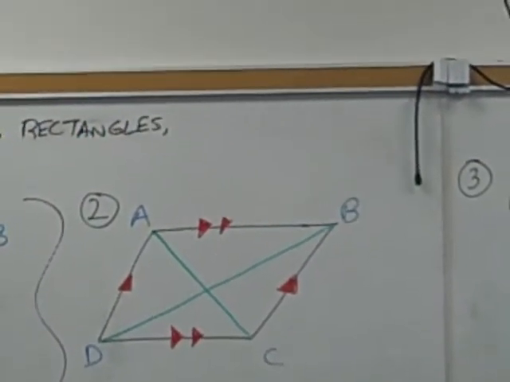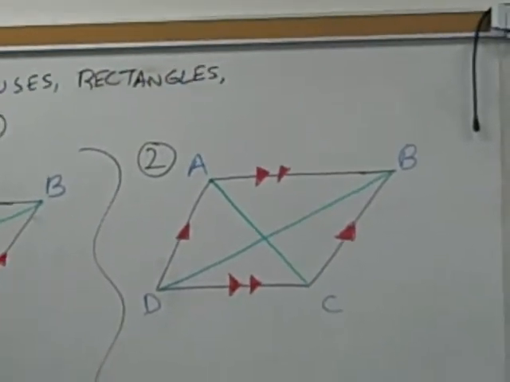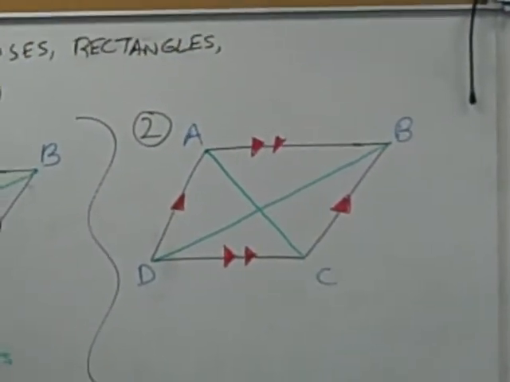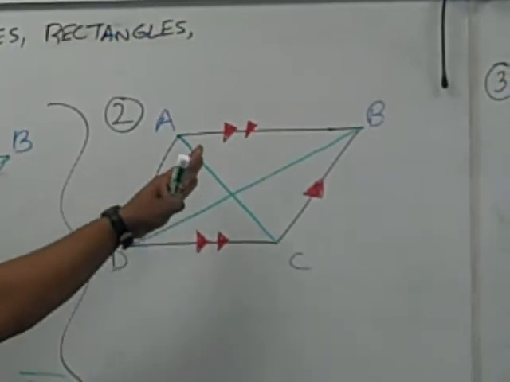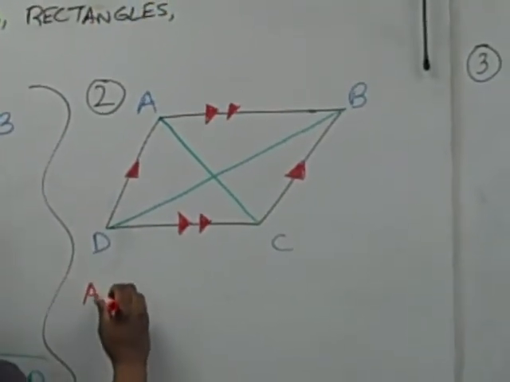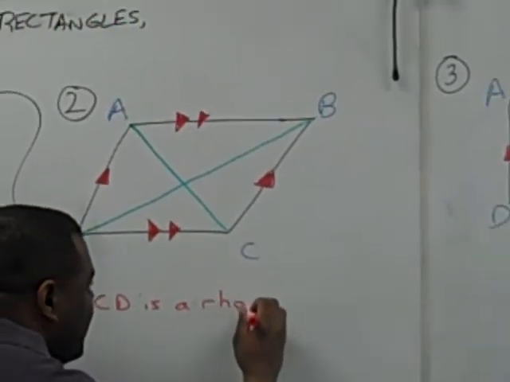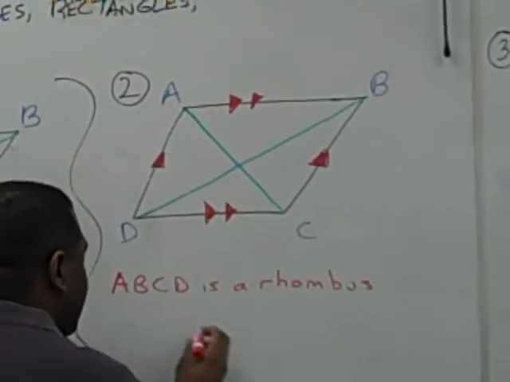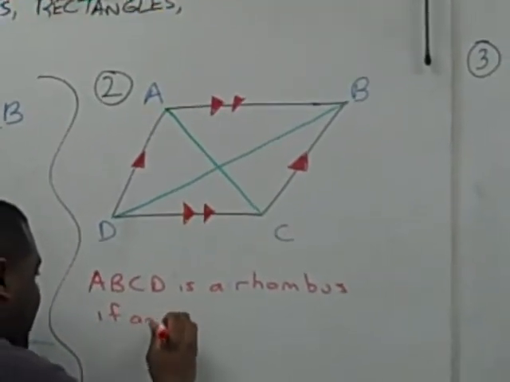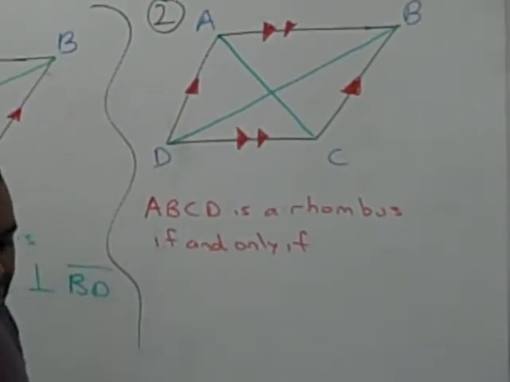However, if this is a rhombus, we'll say this is a rhombus, ABCD. ABCD is a rhombus if and only if the following happens.